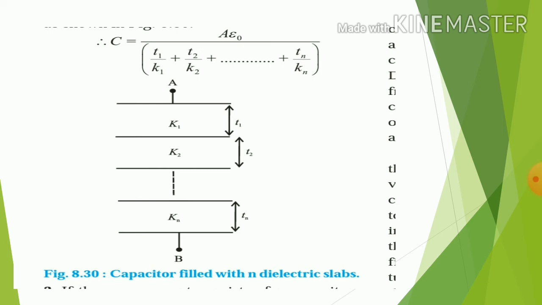This is the required expression whenever n thin dielectric slabs are placed in between the two parallel plates of the condenser. This is shown in diagram 8.13.